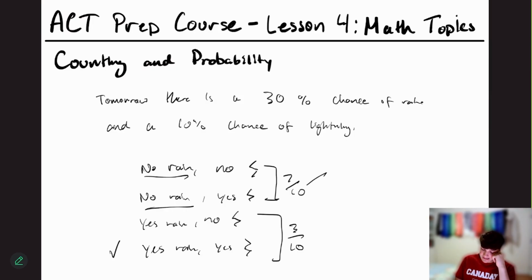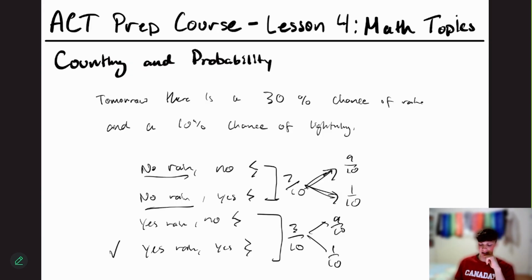And then of the 7 out of 10, no lightning should happen 9 out of 10 additional times and lightning 1 out of 10 additional times. So you have this kind of fractal pattern where we have this one go up 9 out of 10 no lightning, 1 out of 10 lightning. So we have to multiply these two numbers together to give us the 4 possible conditions.